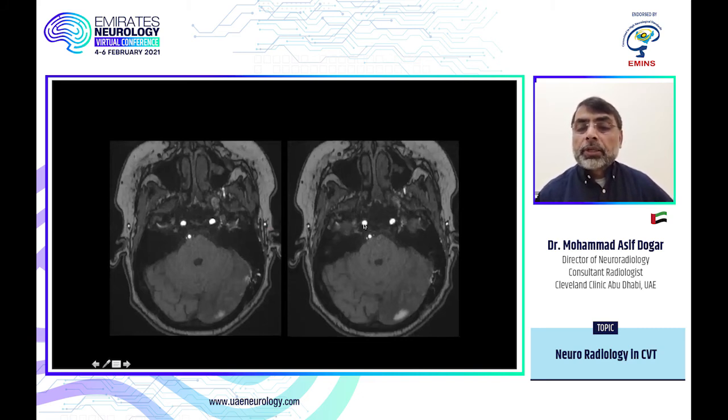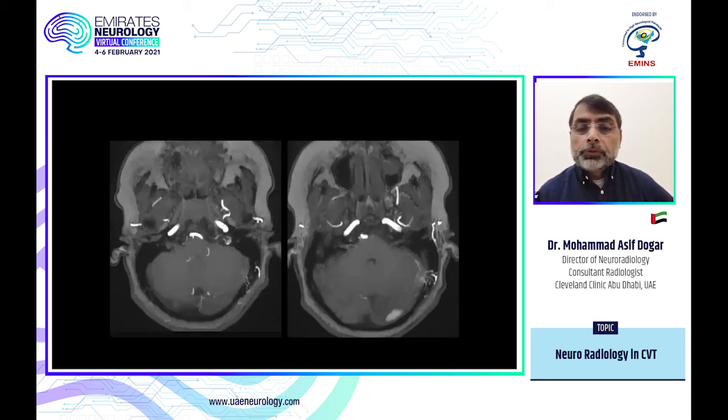You can see the bilateral ICA, basilar artery. But if you go here, you see some small veins in the region of the transverse sinus. So why does the transverse sinus have arteries inside it? So again, more MIP images, you see some arteries next to the transverse sinus, even some arteries within the sinus.